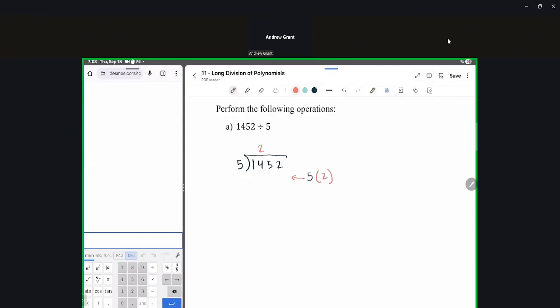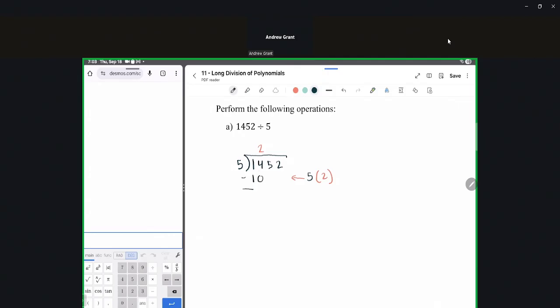We want to write 5 times 2. We want the largest multiple that doesn't go over, so we want to see how many times 5 goes into 14 without going over. 5 times 2 is 10, but 5 times 3 is 15. 15 is larger than 14. So on this line, we're going to write 5 times 2, which is going to be 10.